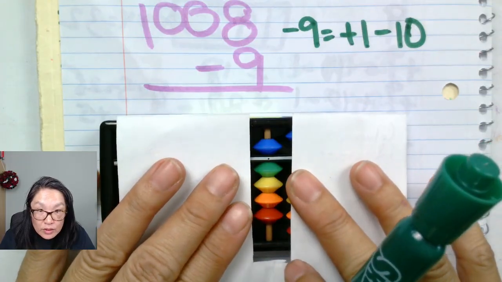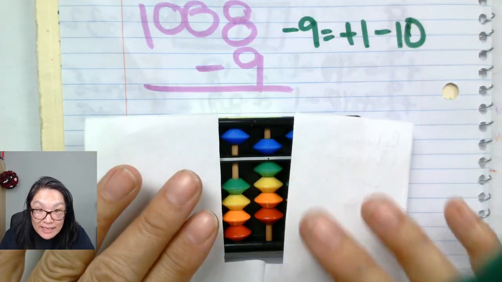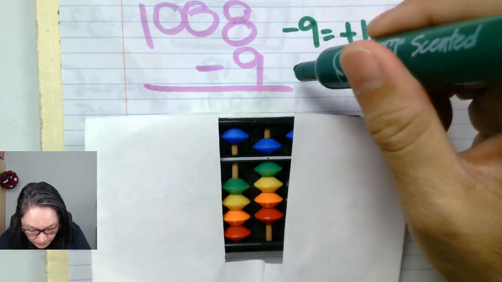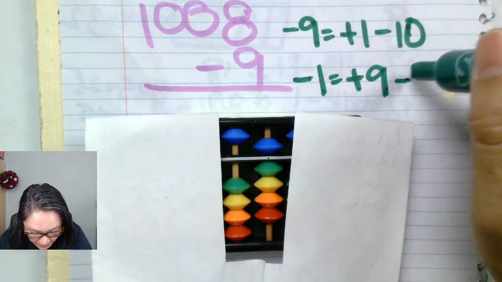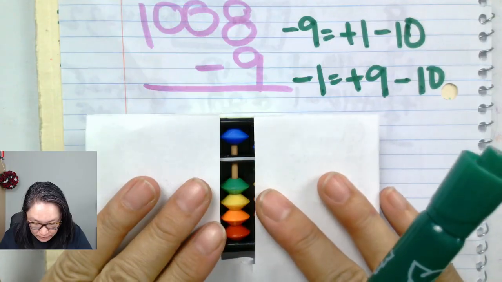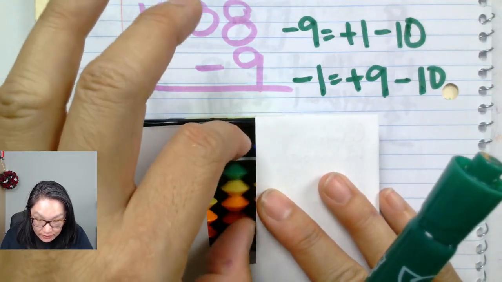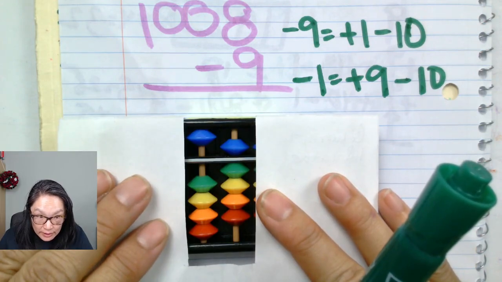We need to minus the 10. I can't minus the 10. Minus 1 is equal to plus 9 minus 10. Add the 9, minus the 10. Carry over.